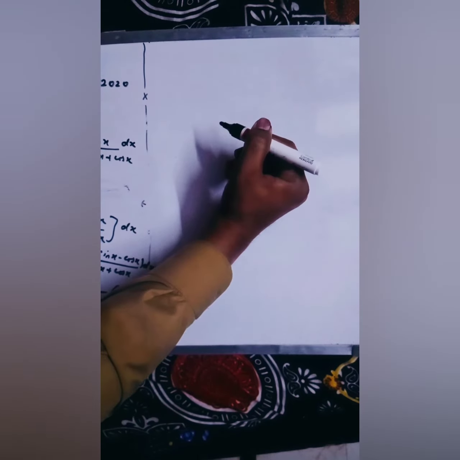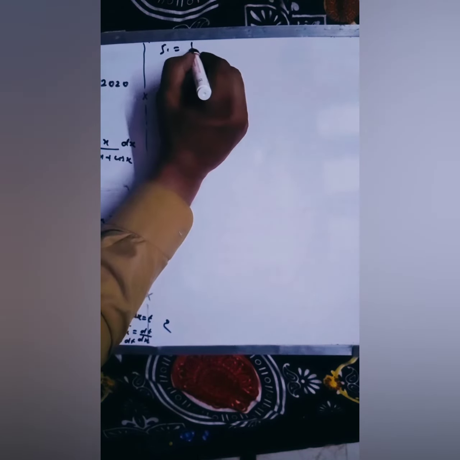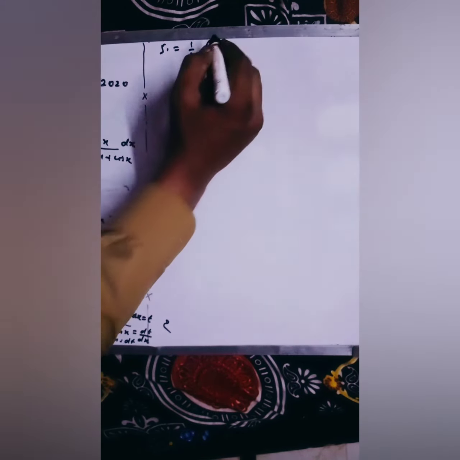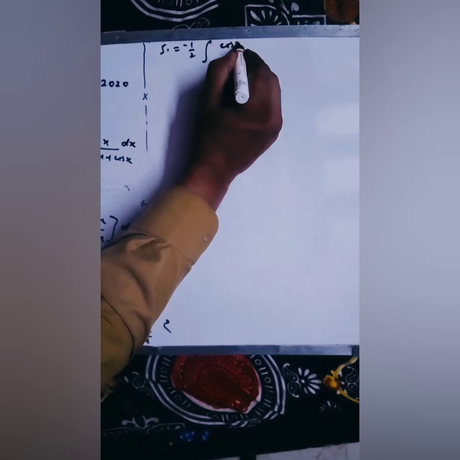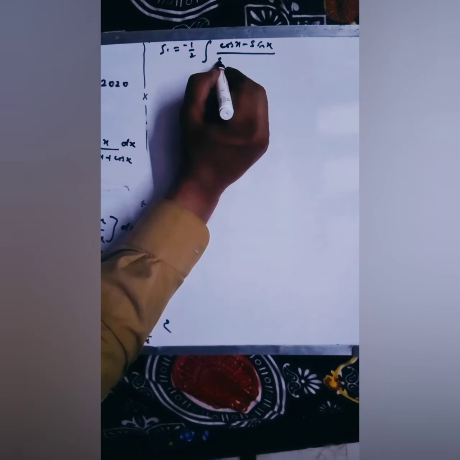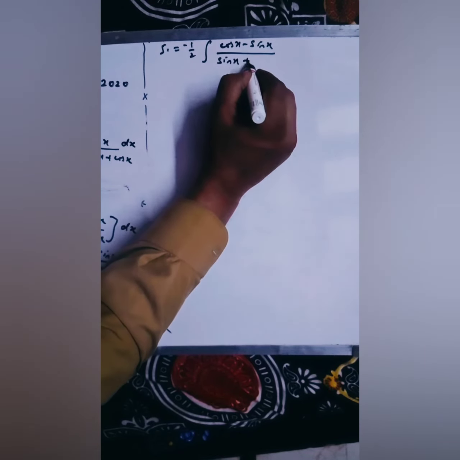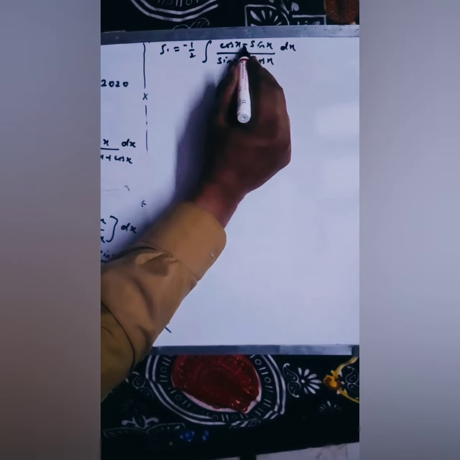Now your I1 would be, I1 is equal to half integration, and here from the numerator I am taking minus as common, so you will get cos x minus sin x, and in the denominator you will get sin x plus cos x into dx. So this is your t and this is your dt.